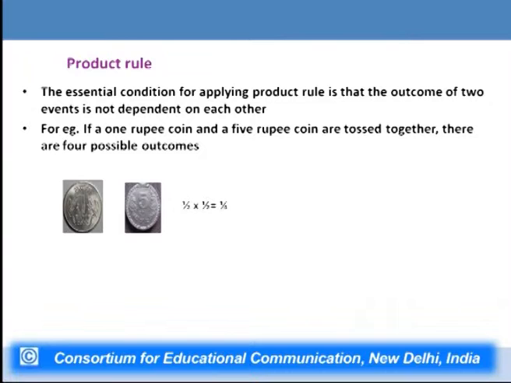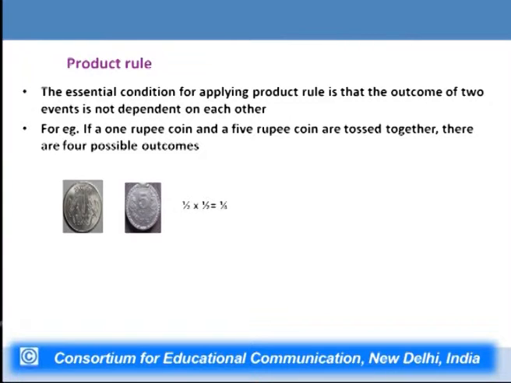The first possible outcome is that the 1 rupee coin will turn up with tail and the 5 rupee coin will also turn up with tail. The probability of getting a tail is 1/2 in both the coins. So, the total probability for this event will be 1/2 into 1/2, that is 1/4.